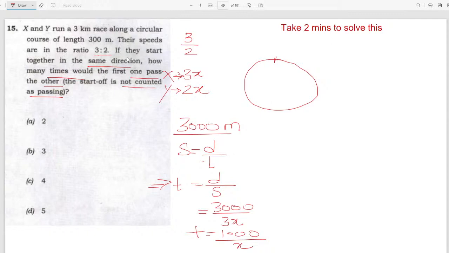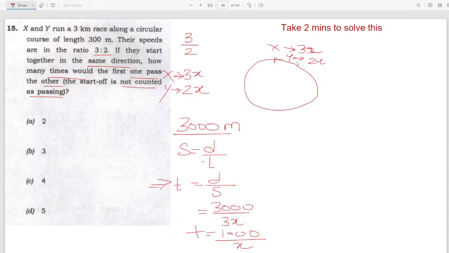But there are 2 people now. They're saying how many times would X pass Y? Y is slower. So X is running at 3x speed and Y is running at 2x speed. For that, I'll take the relative concept that I taught you earlier.